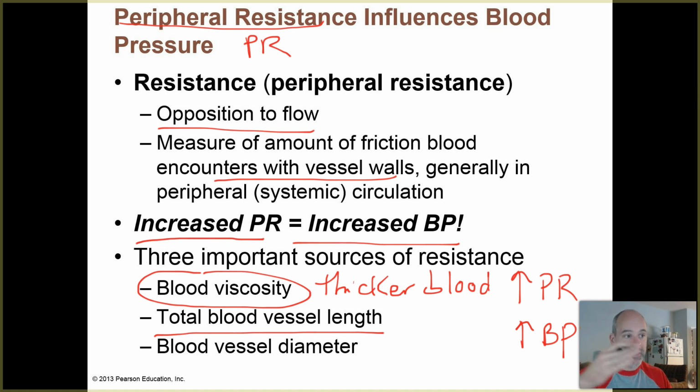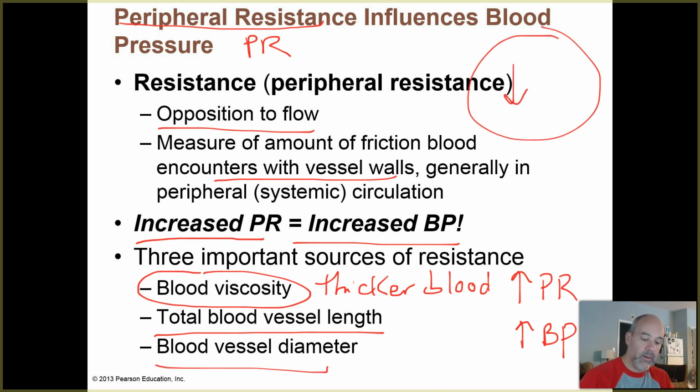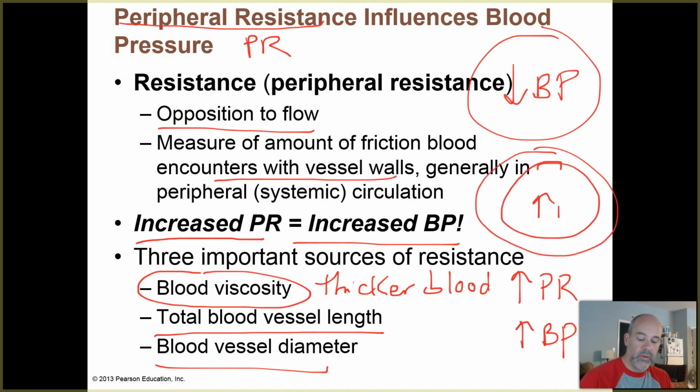Longer blood vessels, it takes more pressure, more force to squeeze the blood through there. Blood vessel diameter, as we've already talked about, larger diameter decreases blood pressure. Smaller diameter increases blood pressure, increases peripheral resistance.